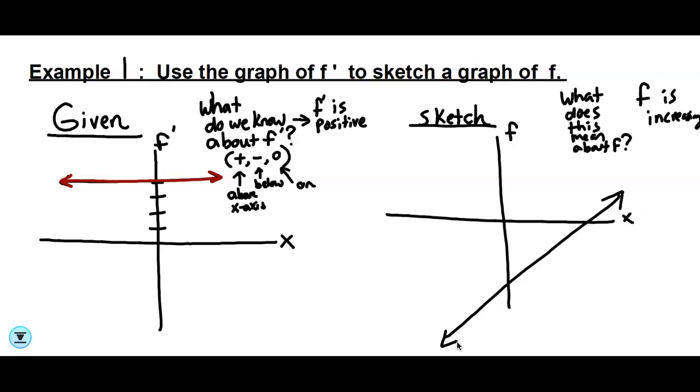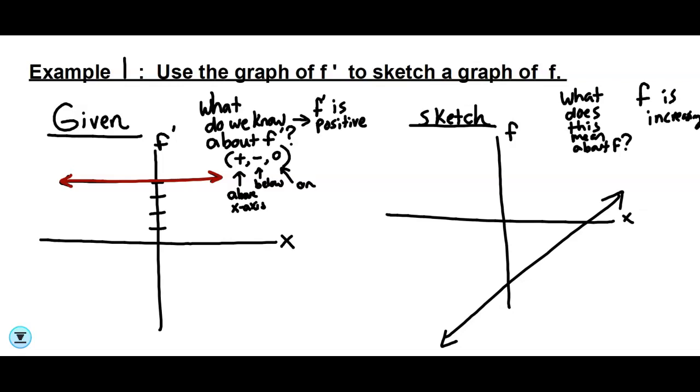Remember in Unit 2, if you want to turn a derivative into a normal function, what do you have to do? You have to integrate it. But when you integrate it, you get a plus c, which is an initial condition that tells you where that line is located. So we don't know how high up these graphs are because we don't have any initial conditions. All we know is something about their slope.